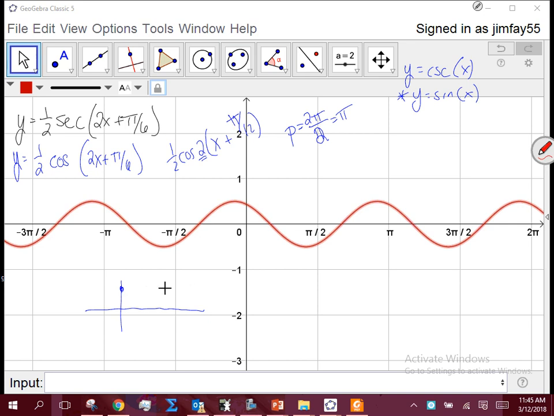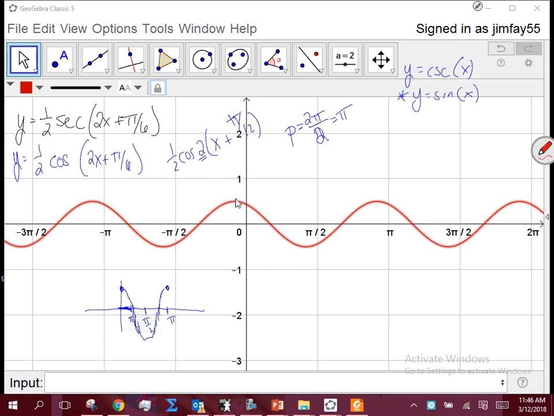So on this one, when my period is just pi, that should be pi, this should be pi over 2, this should be pi over 4, and 3 pi over 4.